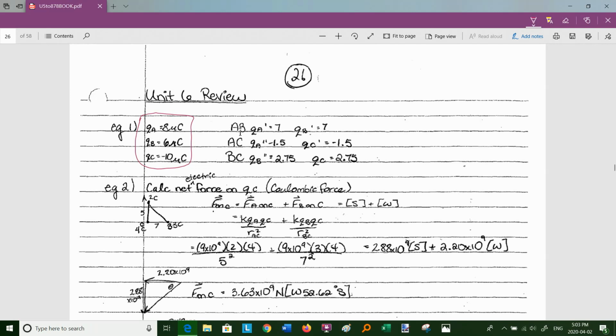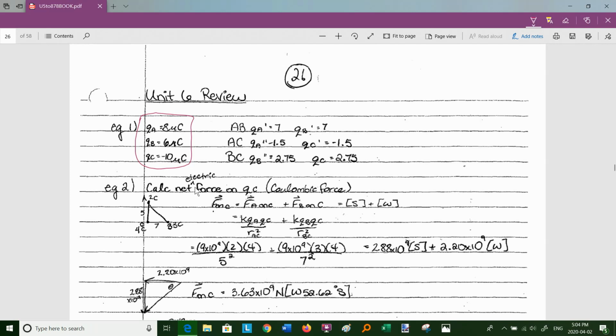So first we touch A and B together, so the average is 7, so each is 7. Now that A is 7, it touches C, which is minus 10, so that's minus 3 divided by 2 is minus 1.5. Then we take QC, which is minus 1.5, and we touch it to B, so we get minus 1.5 and 6, so that's 4.5, and divided by 2.